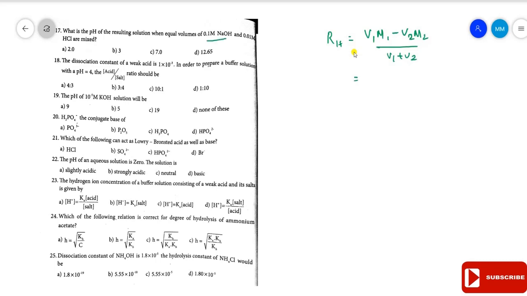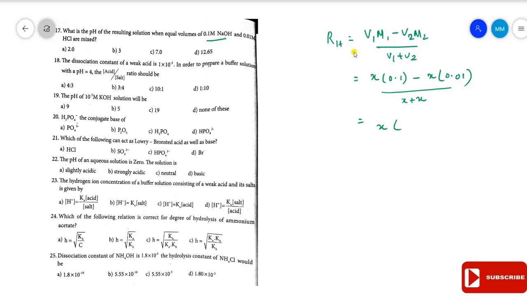Here the sodium hydroxide is in the higher concentration and the volume is X. So it is X volume. The molarity is 0.1, minus V2, which is an equal volume, so it is also X, times 0.01, divided by X plus X.